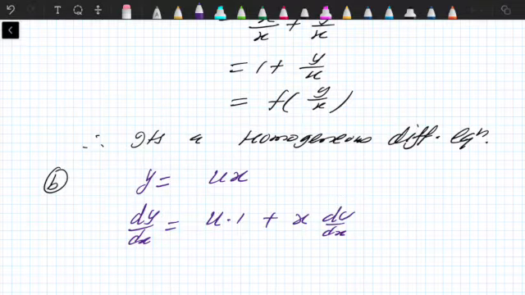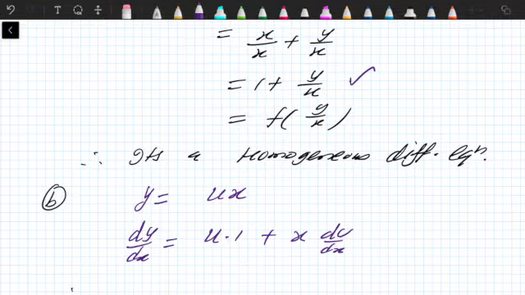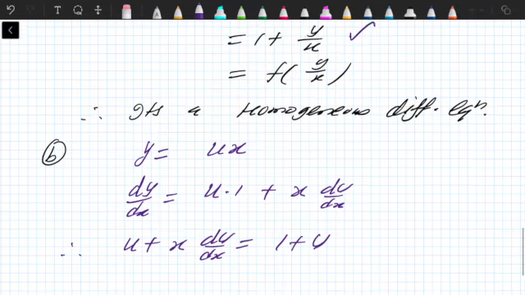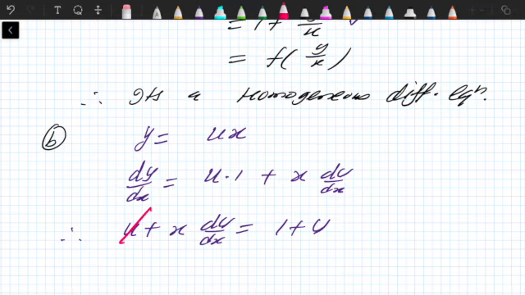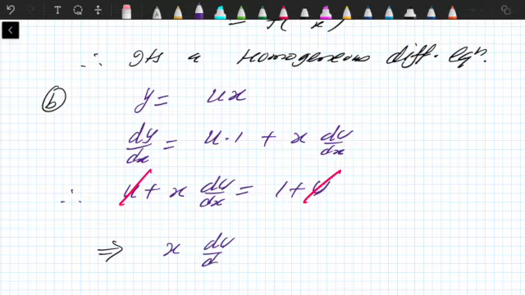Then substitute this in, so the equation becomes u + x du/dx = 1 + u, because y/x is u. We can cancel u and u from both sides, so x du/dx = 1.